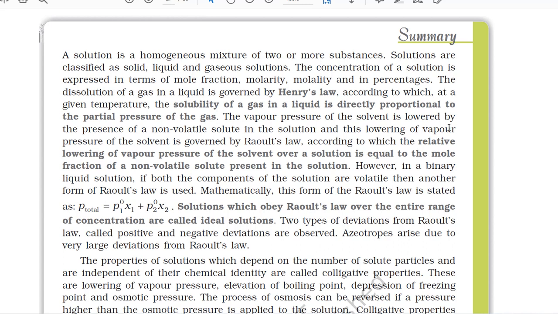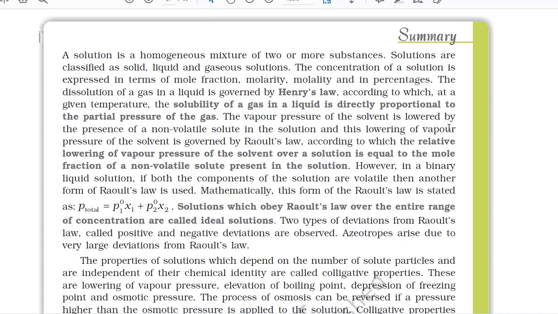The vapor pressure of the solvent is lowered by the presence of a non-volatile solute in the solution, and this lowering of the vapor pressure of the solvent is governed by Raoult's law, according to which the relative lowering of vapor pressure of the solvent over a solution is equal to the mole fraction of a non-volatile solute present in the solution.